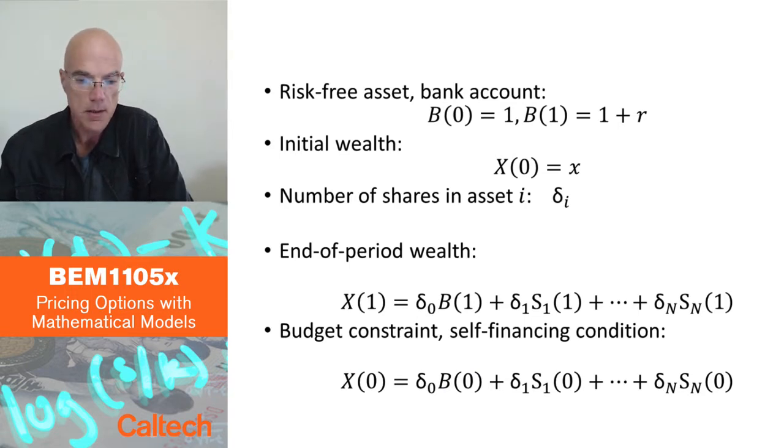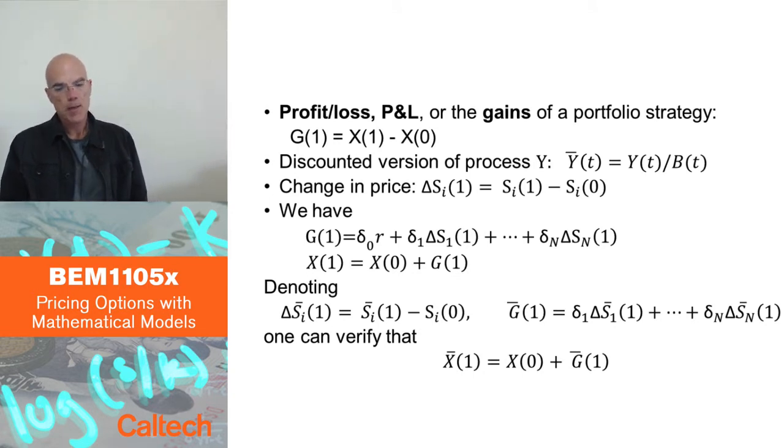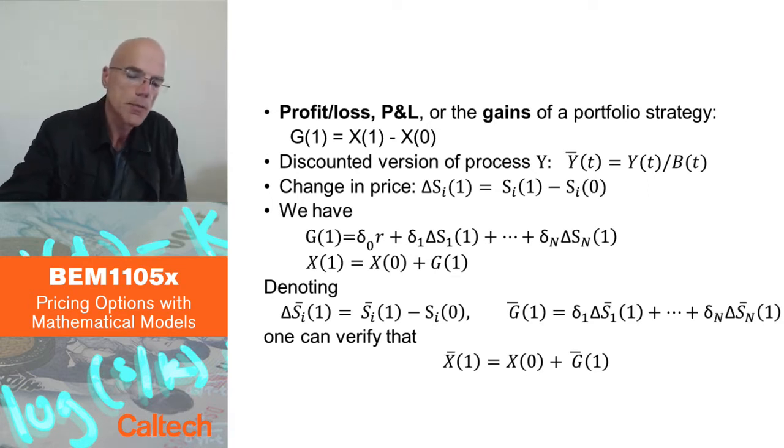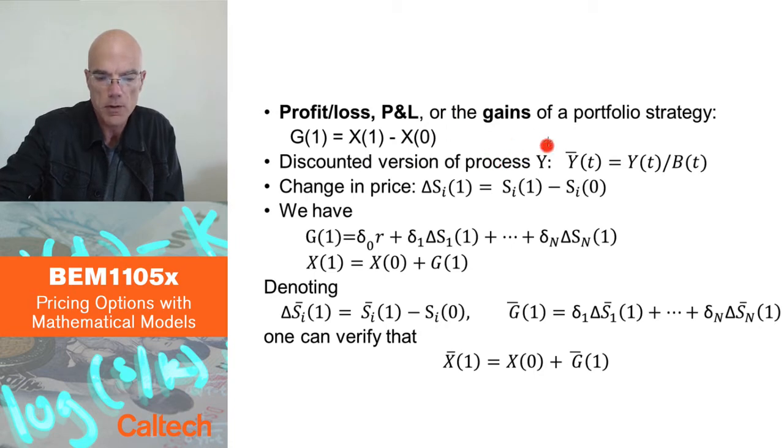Let's see. Next. More notation. The profit, loss or gains of a portfolio strategy is simply going to be the difference of what you have at time 1, X of 1, minus what you had at time 0, X of 0. And then I'm going to need notation for the discounted version of whatever process Y we are looking at.